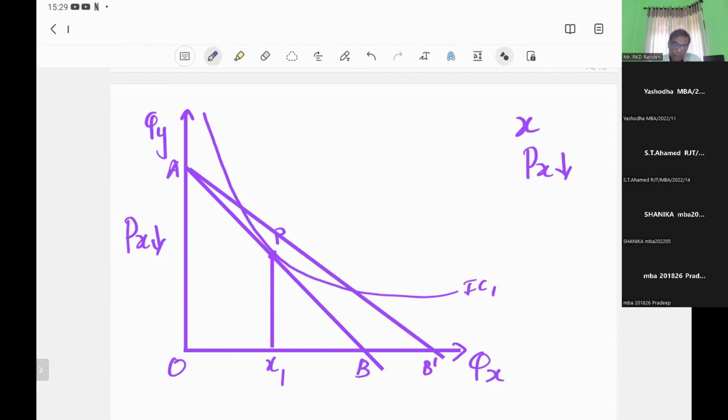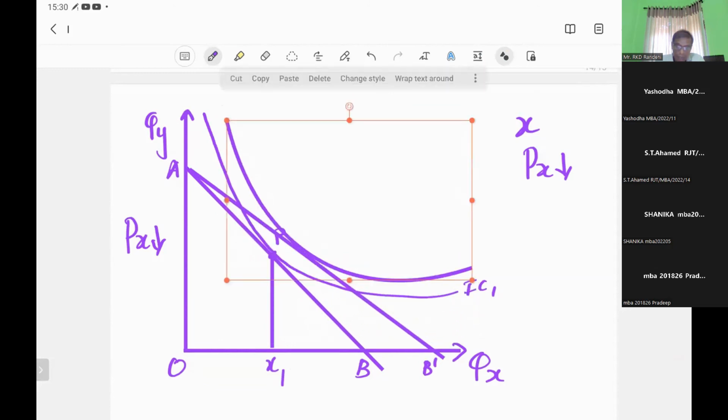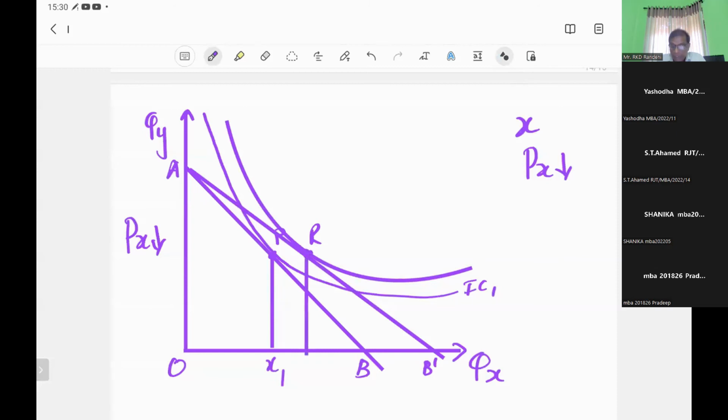This is the tangent point. We put that R. Here indifference curve 2, that is X2.